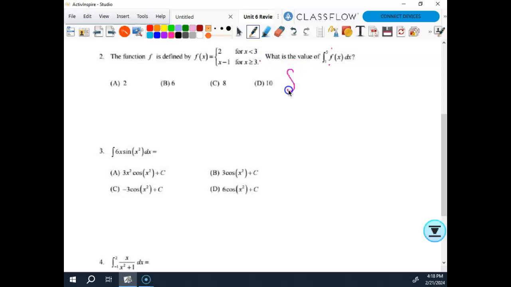So I'm going to integrate from 1 to 3, and then I got to figure out which piece goes from 1 to 3. Well, when x is less than 3, so that would make sense. So I'm going to integrate 2 dx. Plus, I'm going to integrate going from 3 to 5, this part, this x minus 1 dx.